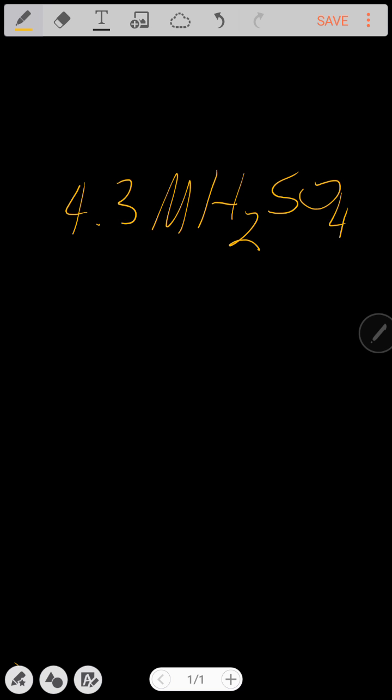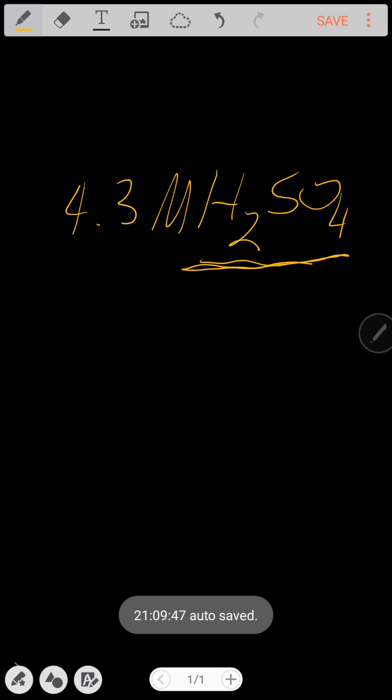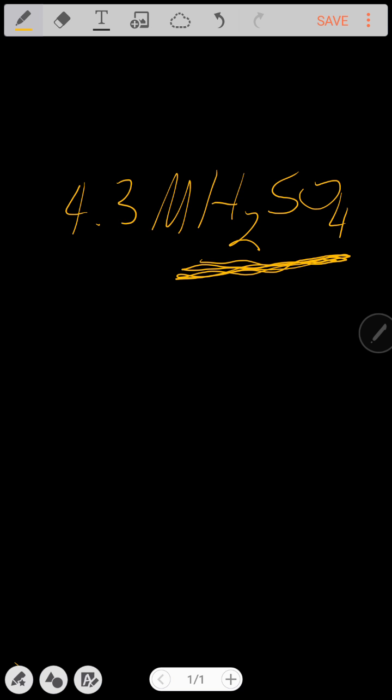The question is, what is the hydronium ion concentration? So concentration is moles per liter, right? So if I have 4.3 moles per liter of this stuff, and now I'm looking for just hydronium, which is going to be influenced only by hydrogen. That's all I care about. So how many moles of hydrogen are going to be in this solution, which would give me my hydronium?